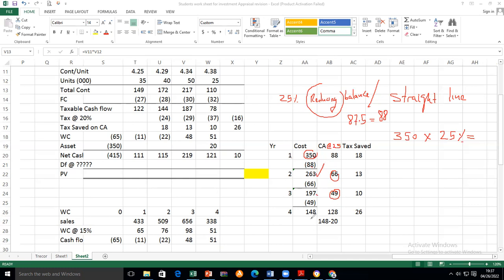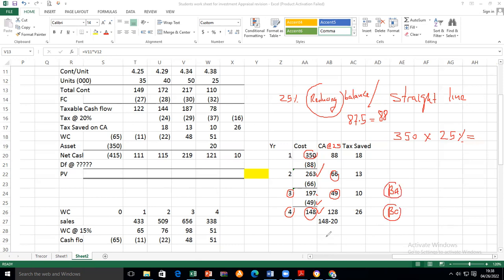What of in the final year? In the final year, after we have taken out the capital allowance for year 3, so as year 4 starts, this is the written down value. So we take this figure, and we do not apply the 25%. In the final year, we calculate a balancing allowance or a balancing charge. Two things that will happen.